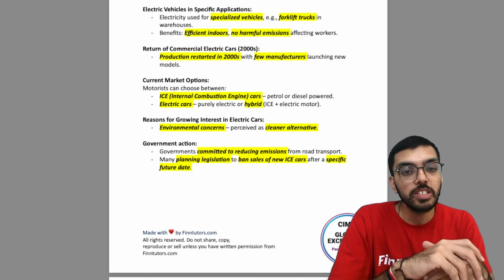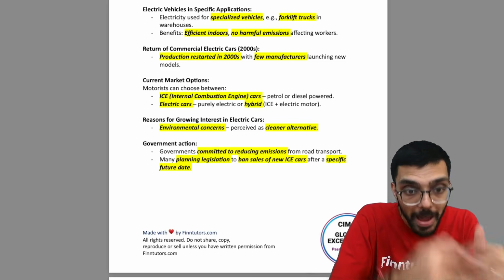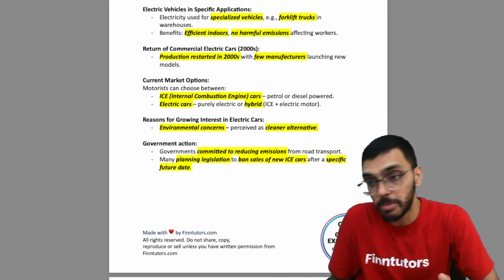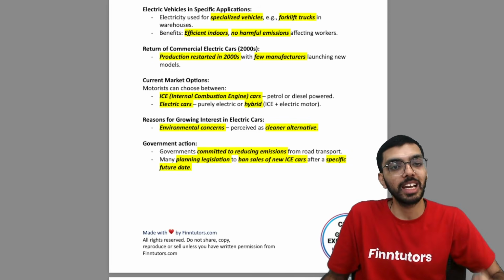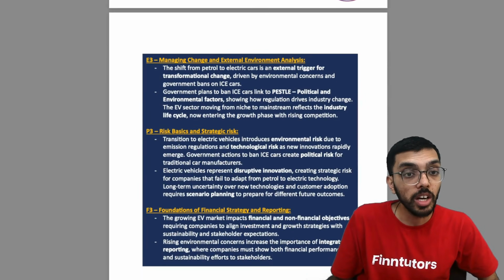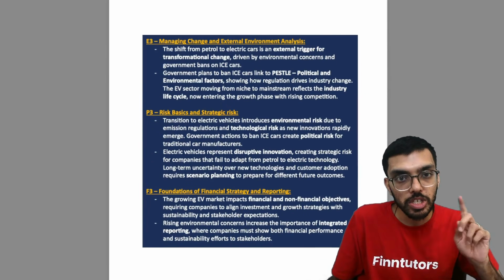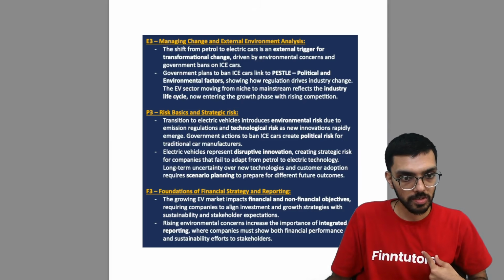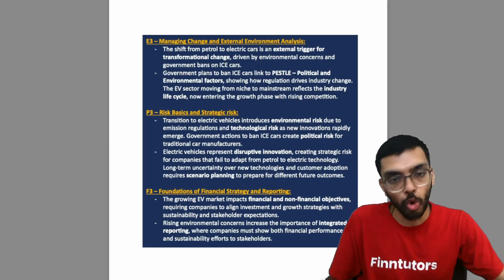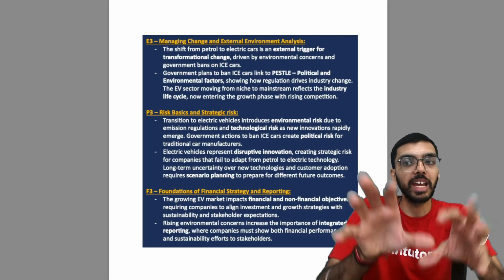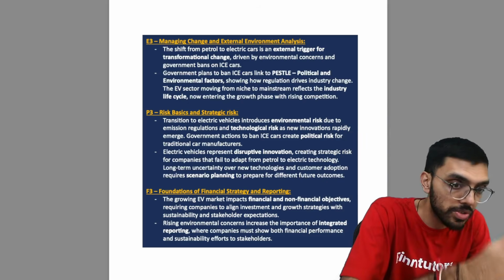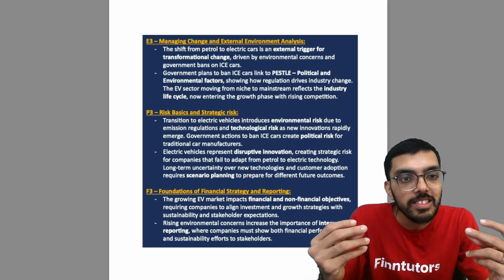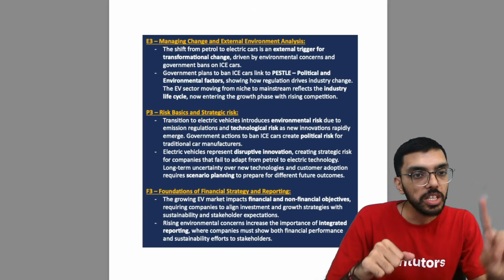Many planning legislations are going to ban sale of new ICE cars after a specific future date, which means there is going to be huge demand for electric cars, which we have learnt in depth in the industry analysis already. That's the value of doing my industry analysis. So overall, this was a very simple breakdown of the history of electric cars and what is available in today's modern world. Let's link. First, E3.